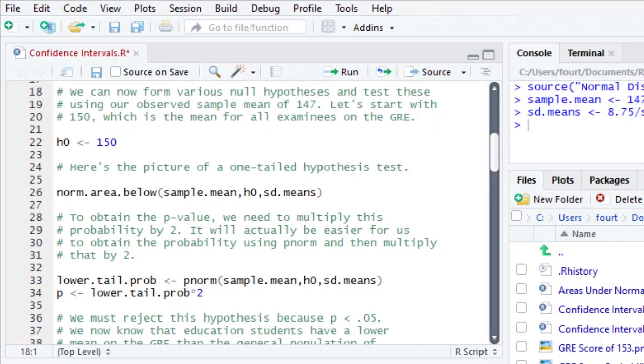We can now form various null hypotheses and test these using our observed sample mean of 147. Let's start with 150, which is the mean for all examinees on the GRE. I'm going to store that in a variable that I've called H0 for the null hypothesis.